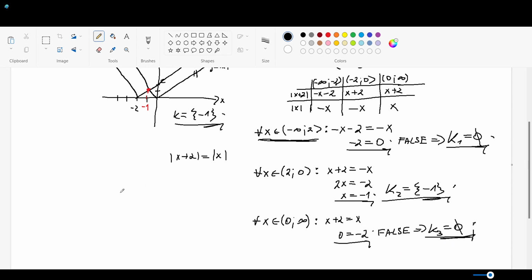So this is our last solution. And now again, please keep in mind that the result is the union of these three sets, K1 union K2 union K3, and in this case it's just K2, which is the set of negative 1. So this is our solution.